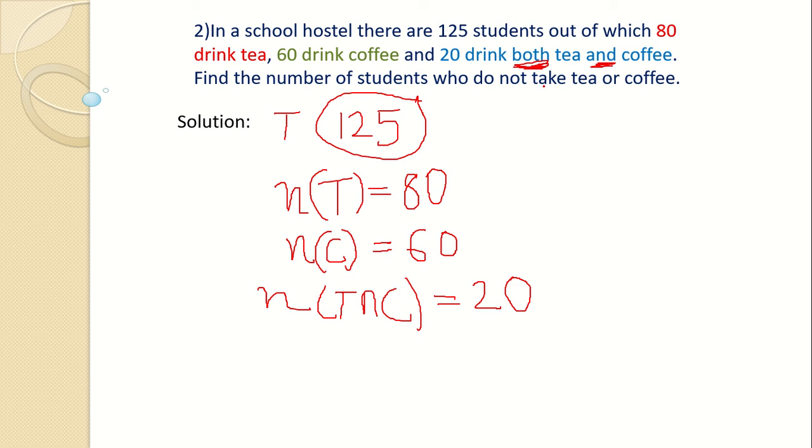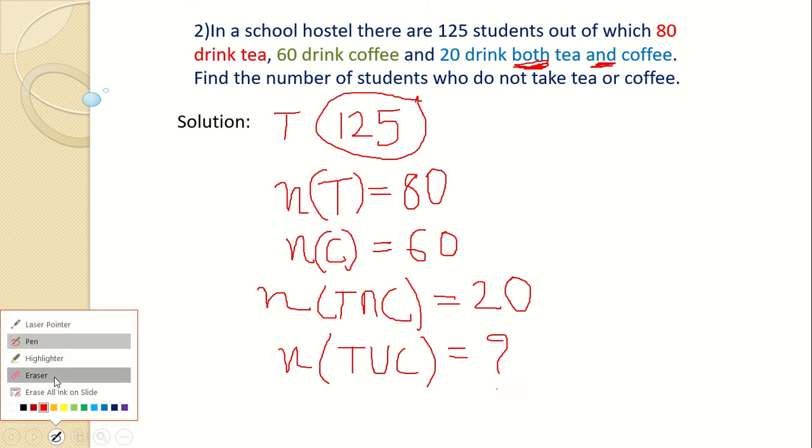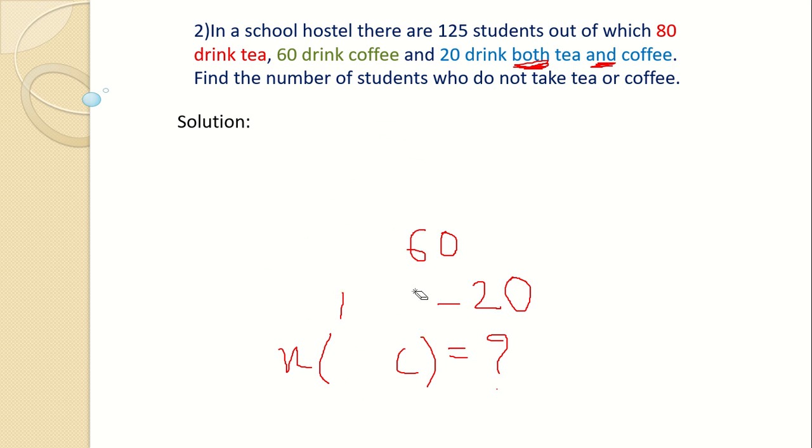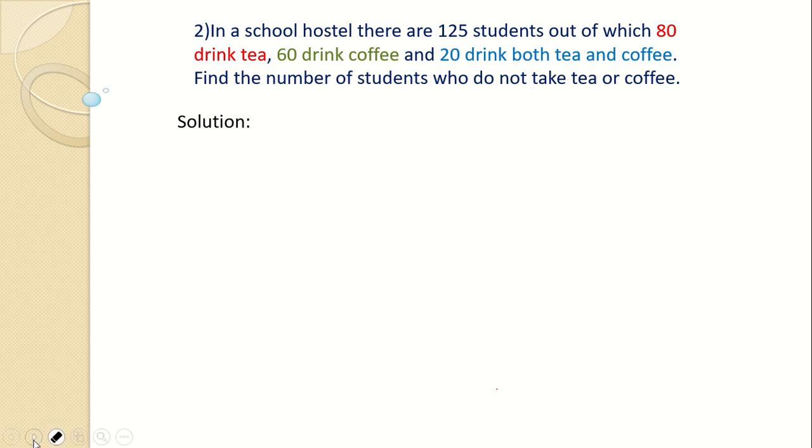So before we find the students who do not take any of the drinks, we will find out the number of students who take at least one of the two drinks, means the number of students who take either tea or coffee. Then we can easily find those who do not take any of the two drinks. Okay, so let us see.